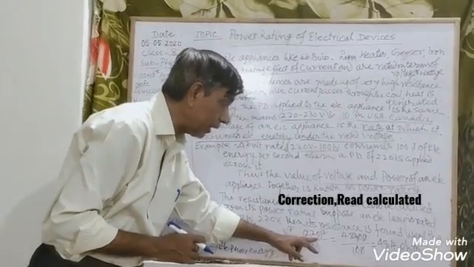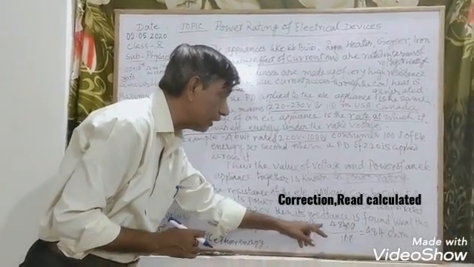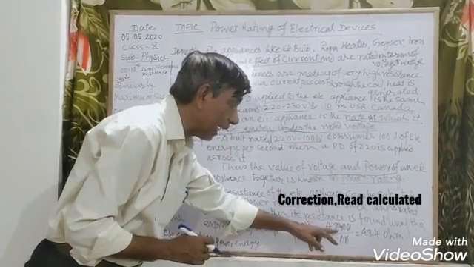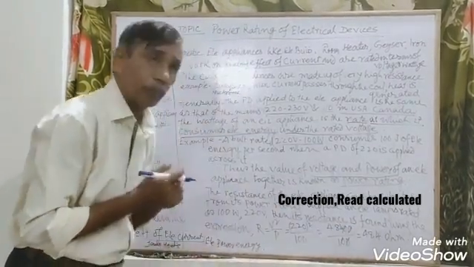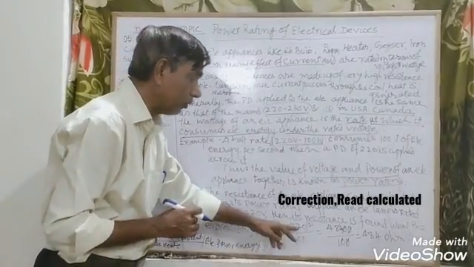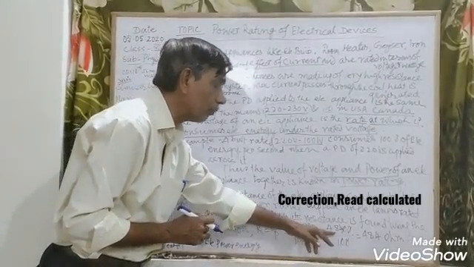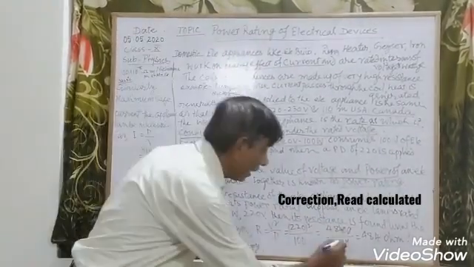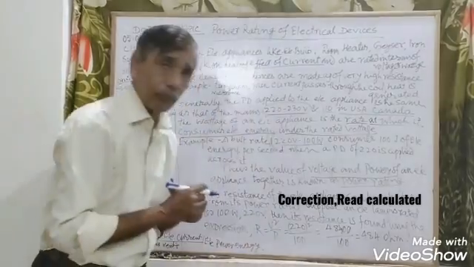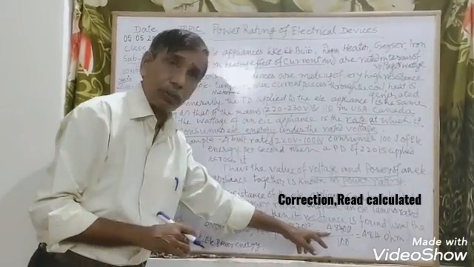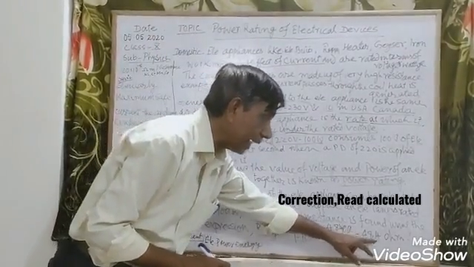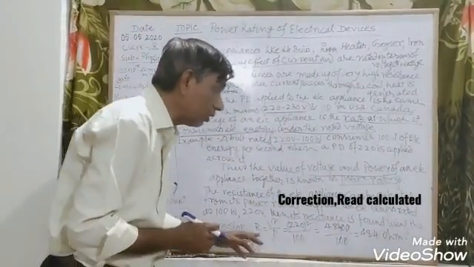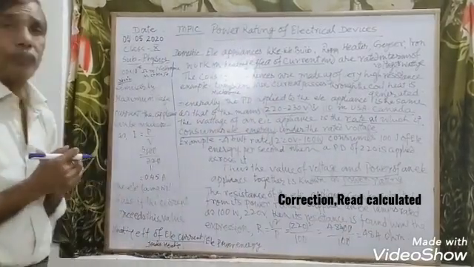So 220 squared is 220 times 220, which is 48,400, divided by 100. Cancelling both zeros, we get 484. It is in ohm, because the unit of resistance is ohm.